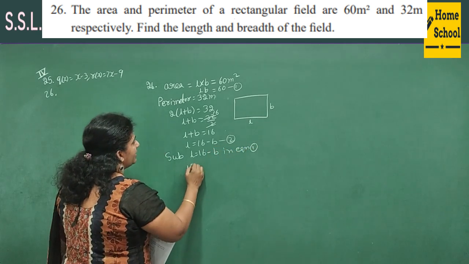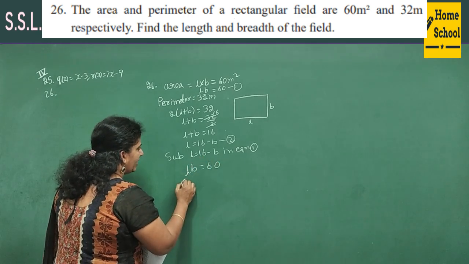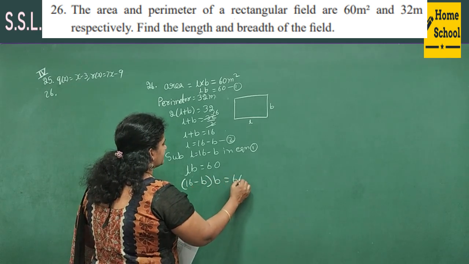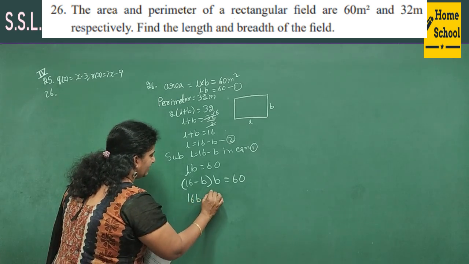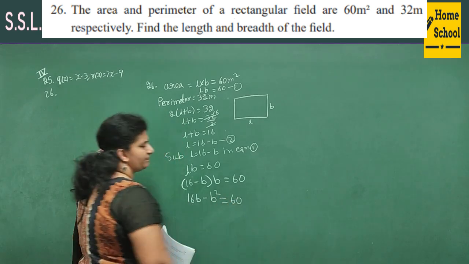That is LB is equal to 60. In L place, write 16 minus B into B is equal to 60. 16B minus B square is equal to 60.